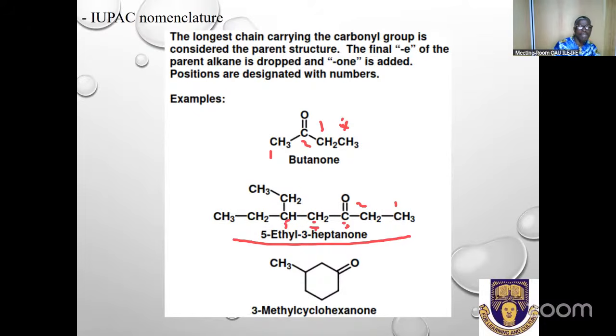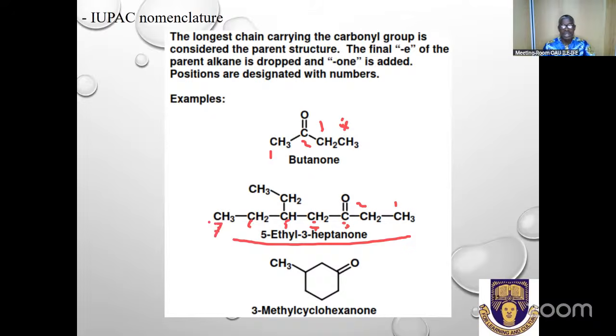Carbon 5, 6, 7, or 6, 7. So any longest chain, you follow any. So we can follow any here. If you follow up, 6, 7 is correct. If we follow the left wing, 6, 7 is correct.